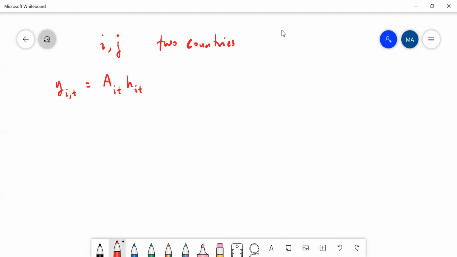So this is at the output per worker level. Again, I am assuming a capital stock. It doesn't change a lot anyhow. You can put it back. But remember that Y is GDP per worker.